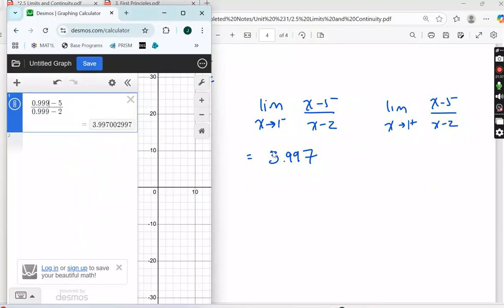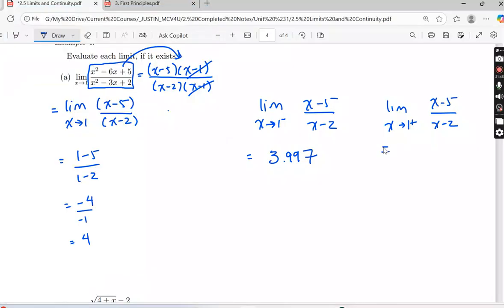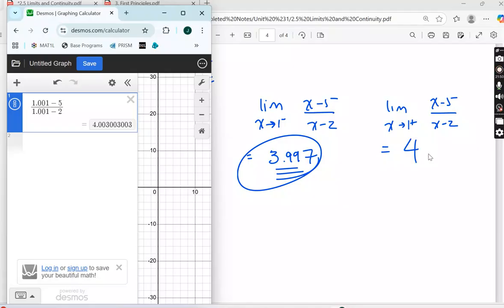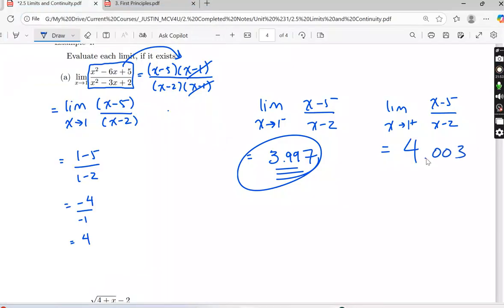And then from the right, 1.001 gives 4.003. You can see the left-hand side is 3.997 and the right-hand side is 4.003. You can safely say the limit is indeed 4.